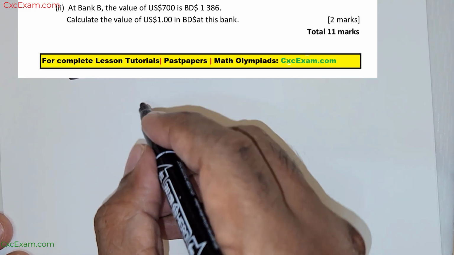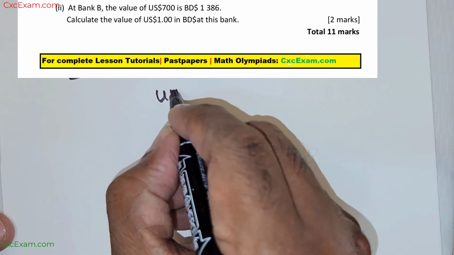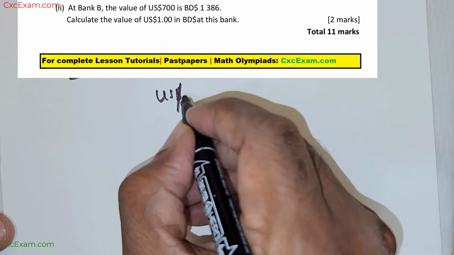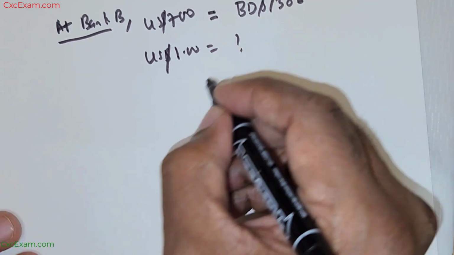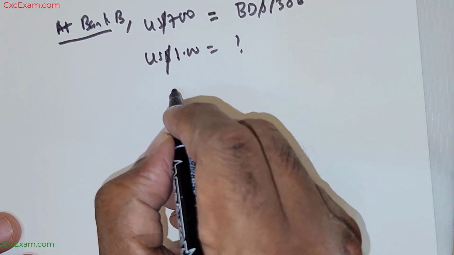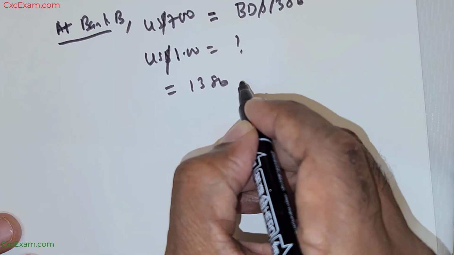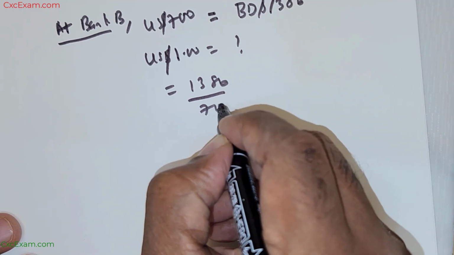So they are asking us to find what is the rate of $1 in the bank. So for this, what you have to do, you have to take 1386 and you divide by 700.